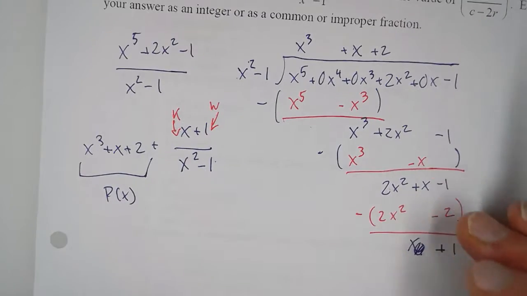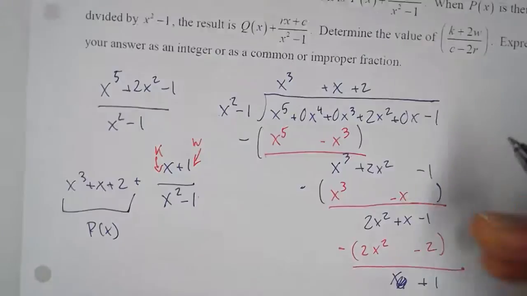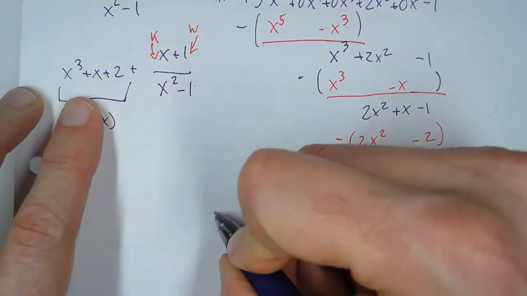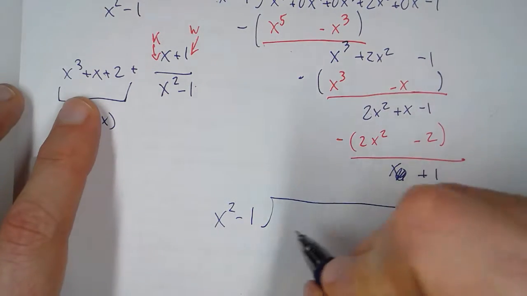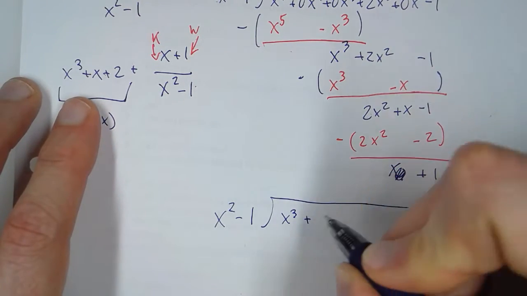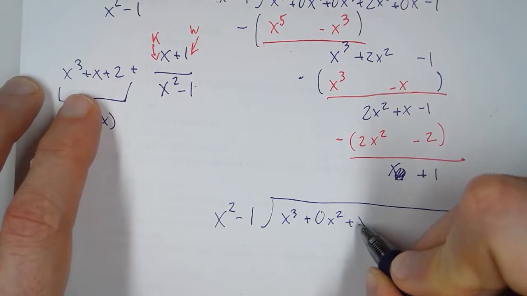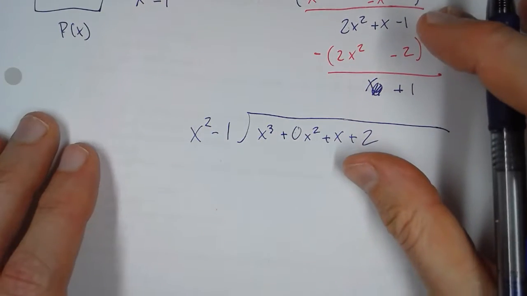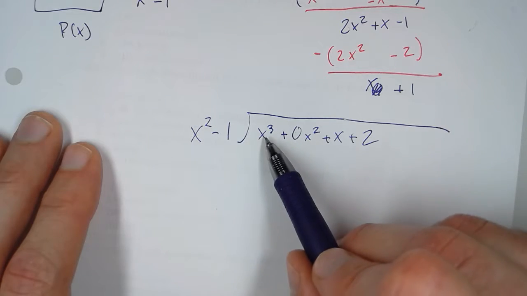Okay. Then it says when p of x, that's this, is divided by x squared minus 1, so we're doing this again, but now we're going to use this. So we're going to take x squared minus 1 and divide by x cubed plus, and there's no x squared, but we fill it in, 0x squared plus x plus 2. So now we ask, what do we need to multiply into x squared to give us x cubed?